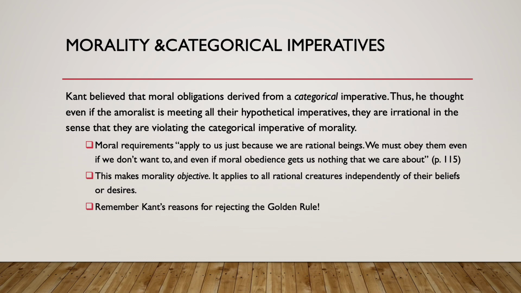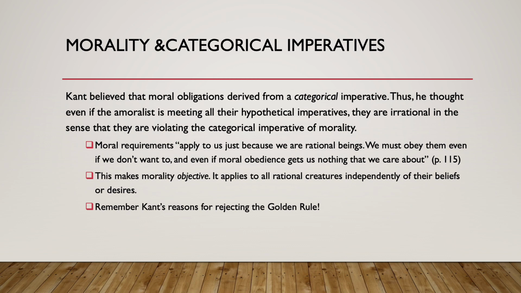So remember, Kant's reason for rejecting the golden rule was that it made morality subjective. It said, treat others the way you want to be treated. But that makes morality dependent upon what you desire. And so, on his view, if morality is issuing categorical imperatives, then it doesn't matter what you want.